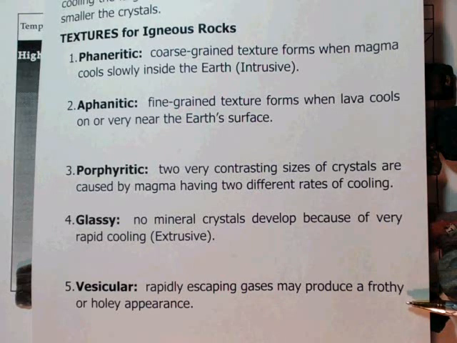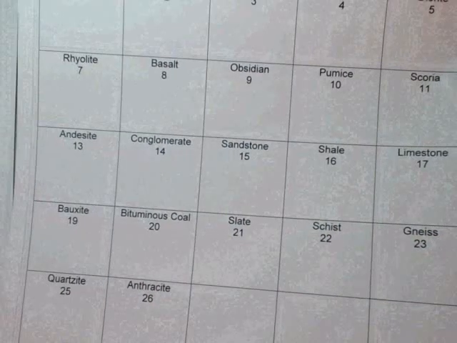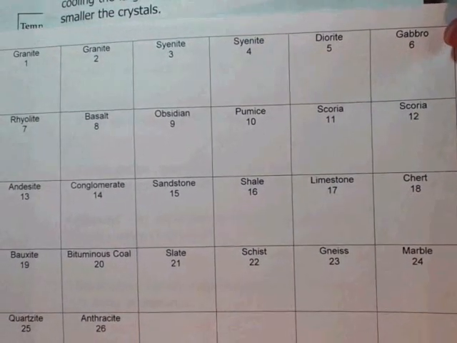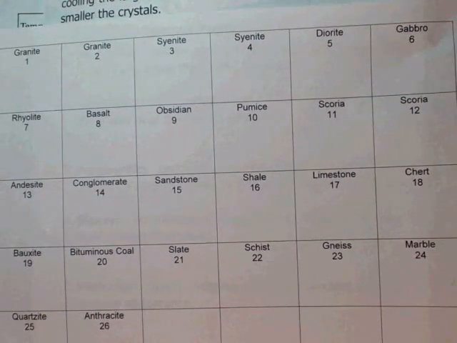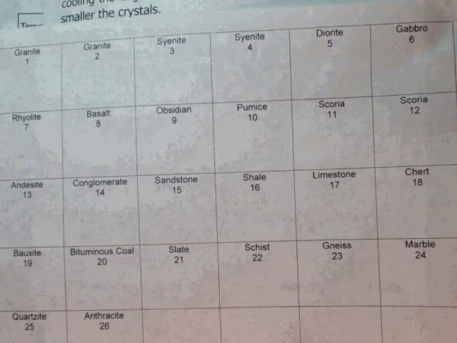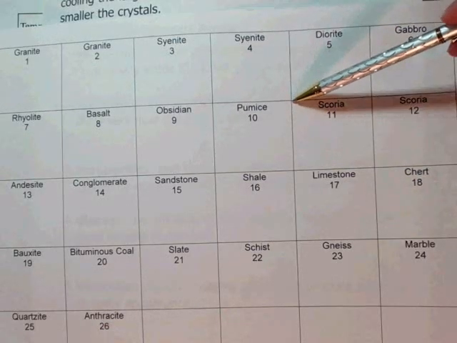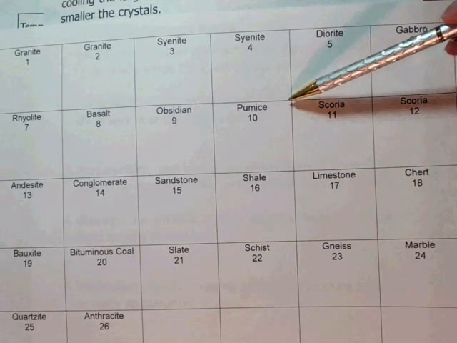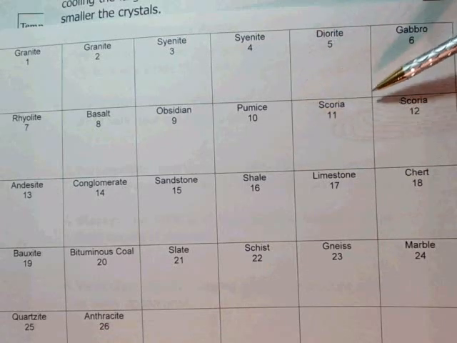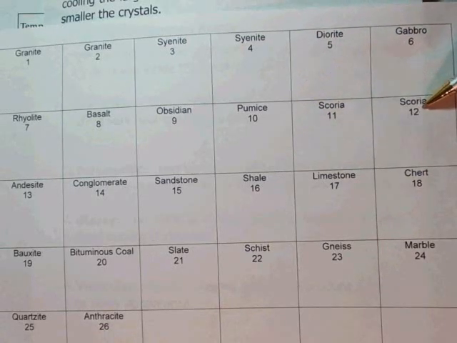So it may produce a frothy or a holey appearance to it, and we call those vesicles, little circles, little vesicles in it. And you have 3 in your tray that do exhibit the vesicular texture, and so that would be the number 10 pumice. We showed you that one. The number 11 and 12, your scorias.